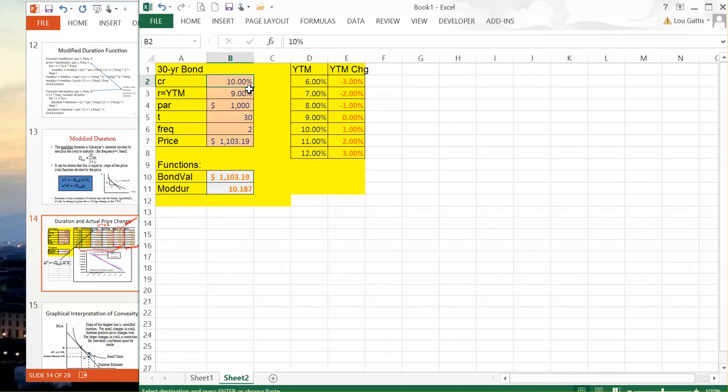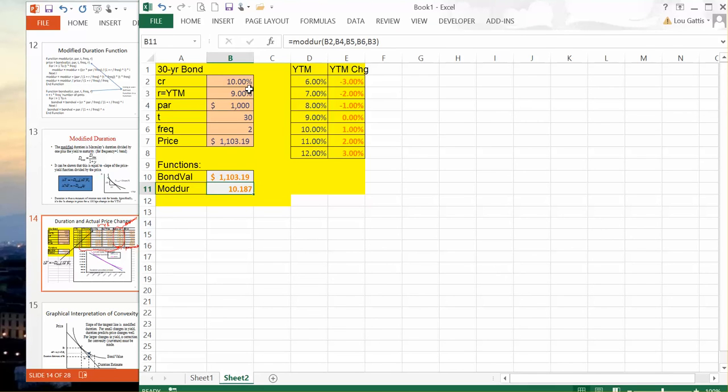So what if I have a 10% coupon, 9% discount rate, 1,000 par, 30-year semi-annual payment bond that's selling for $1,103, which happens to be the present value of the cash flows. In other words, this is the bond's yield to maturity. In this case, the discount rate is equal to the yield to maturity. So you can see bond val also gives you 1103, and it has a modified duration of 10.187 years.